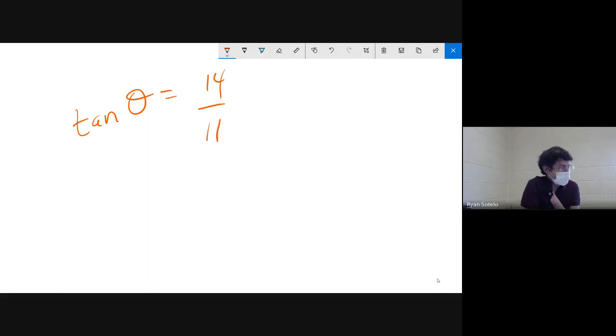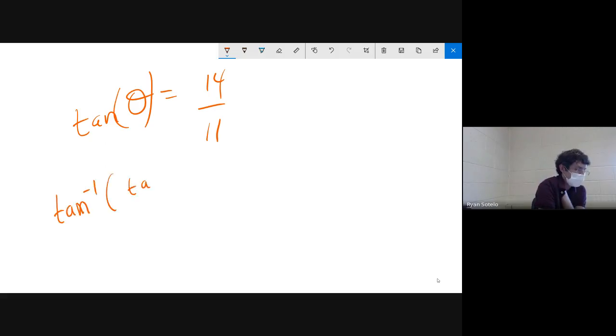So what is the angle? Well, the way that you undo a trig function, like tangent of something, is to use the inverse function. So we're going to use inverse tangent on the left, and we have to do the same thing on the right, in algebra always.